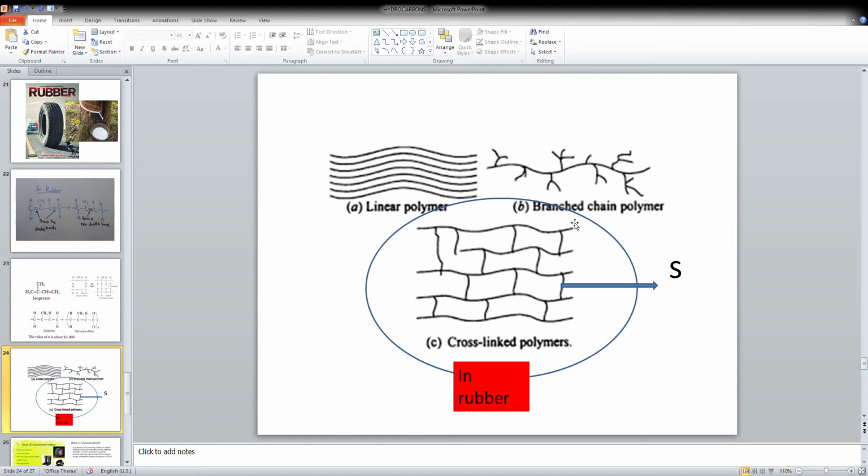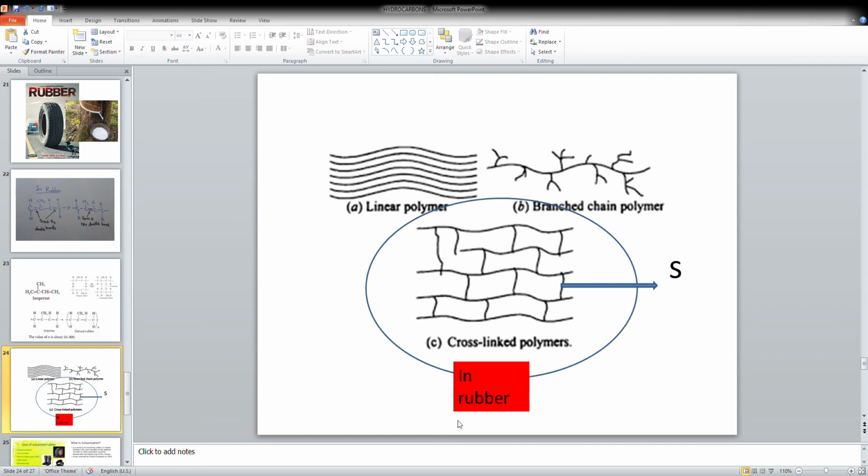And next, what's the second one? You can see the main structure connected with other small branches. That is called branched chain polymer, or we call it polymers with side chains. And I highlighted this one again. Why? This formation we call cross-linked polymers. In the cross-linked polymers, that's also important. Why?